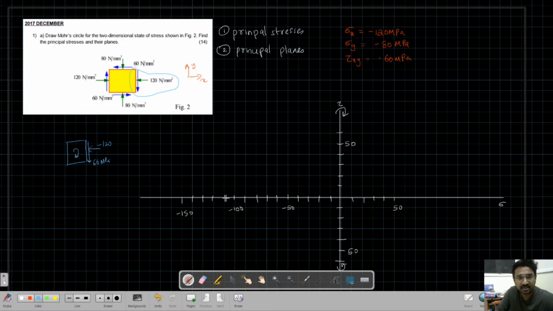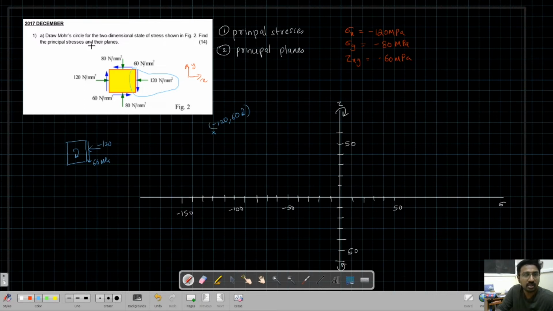So I have minus 120 here, and since it is clockwise, I have to plot it in this quadrant: negative in sigma and clockwise. So this is 50, this is 60. So this is one point, which is minus 120, comma 60 clockwise.